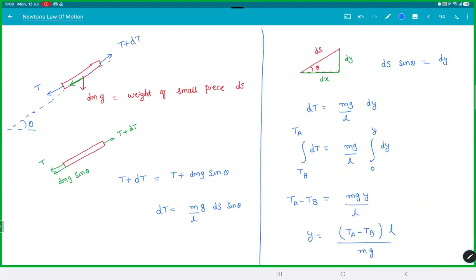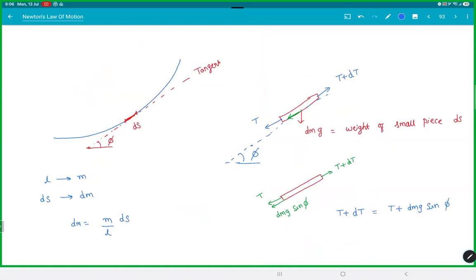That is phi. That's not theta. That is some random angle which is changing. All clear with this?